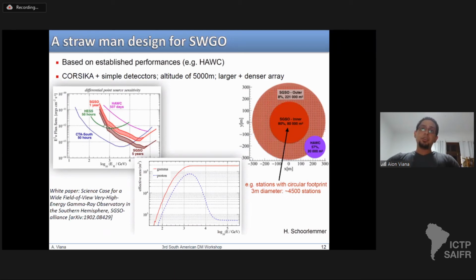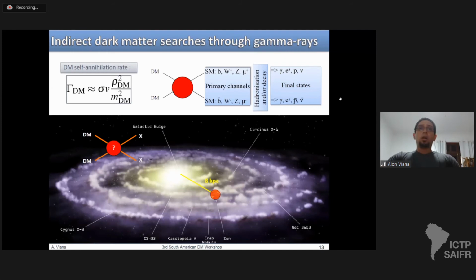And here on the left, you can see the flux sensitivity that we have, and within 5 years, it would be better than CTA above 10 TeV.